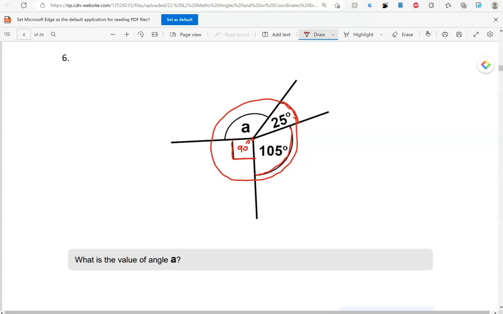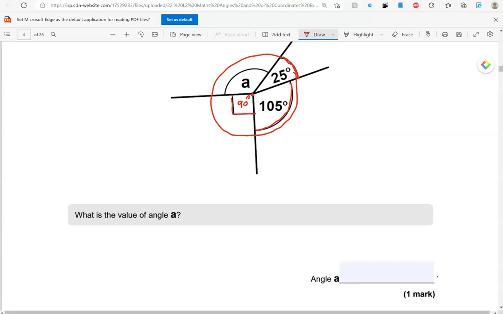So we have 105, 90, and 25, the three of them. 5 and 5, that is 10, so 0 down, 1 carried over. 1 and 9 is 10, and the 2 is 12. So 2 down, 1 carried over. 1 and 1 is 2, so 220 degrees.